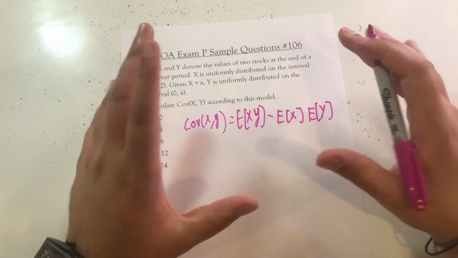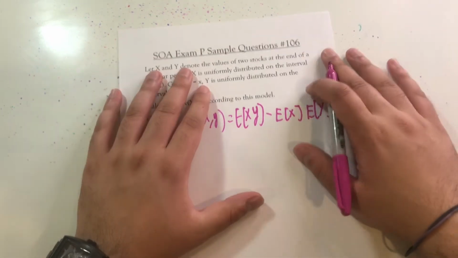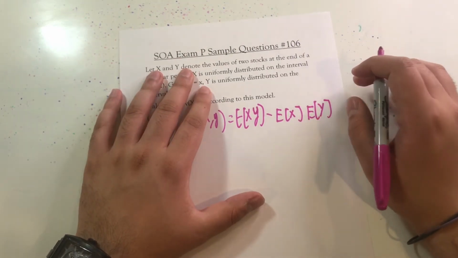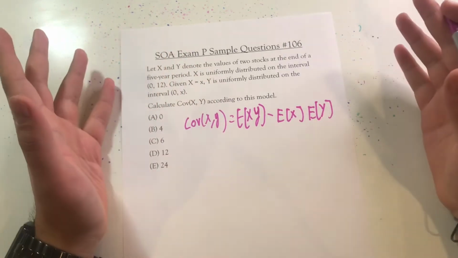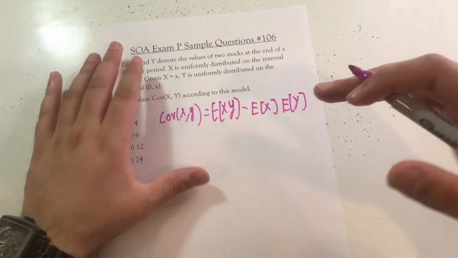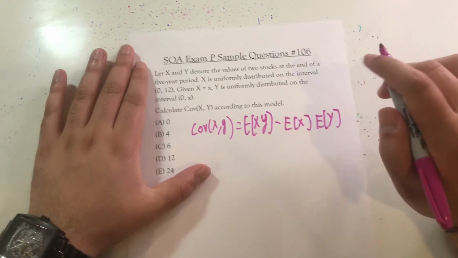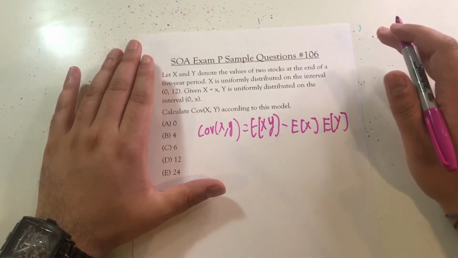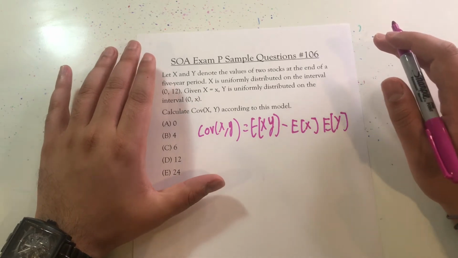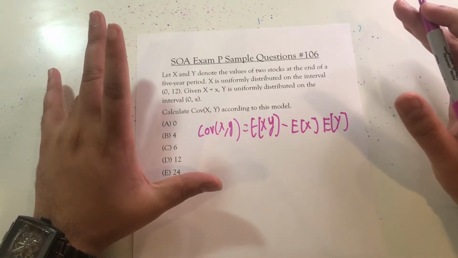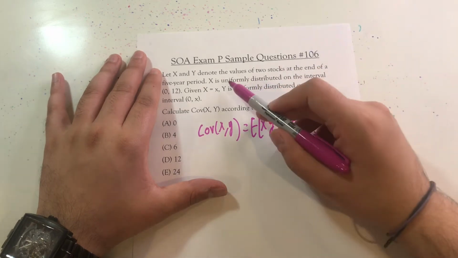Now, here's the thing. At this point, you should be wondering, okay, how are we going to get the expected value? In order to do that, we need the PDF. So here's the tricky part about this question. We've got to actually find the PDF first. We know that both of these stocks are uniformly distributed, right?